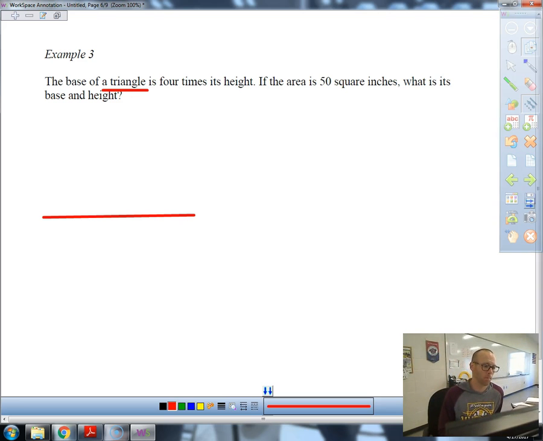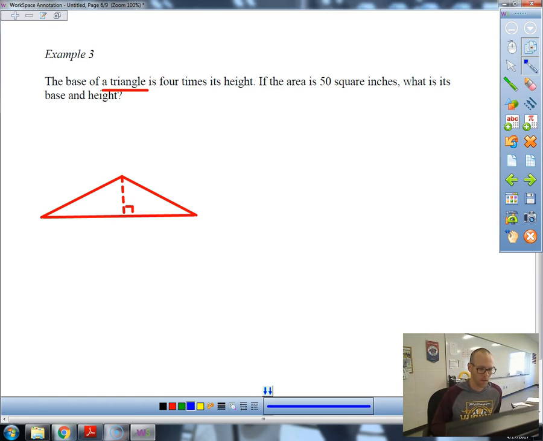We don't know. Okay? But I'm just going to try to sketch a triangle where the base of the triangle is roughly 4 times its height. Okay? Here's my base. There's my height. Now, the base is 4 times the height.